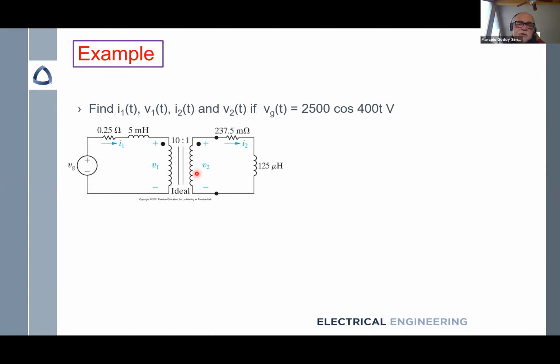However, your transformer is considered to be ideal. When you work with a problem where the transformer is ideal, you do not use the formulation of self-inductance and mutual inductance. You have to use the formulation that V1 divided by V2 is equal to N1 divided by N2, which is equal to I2 divided by I1.